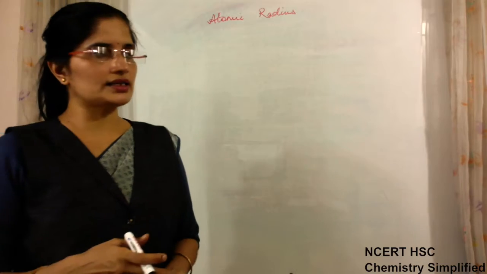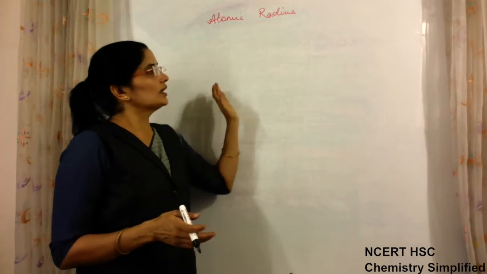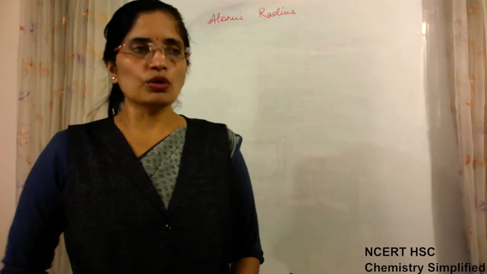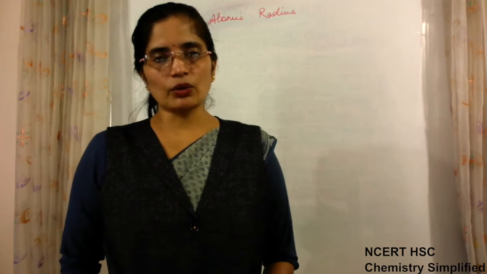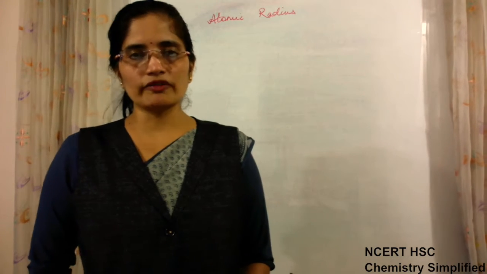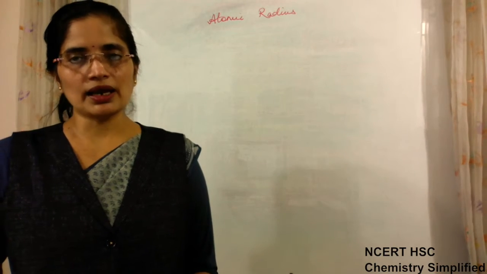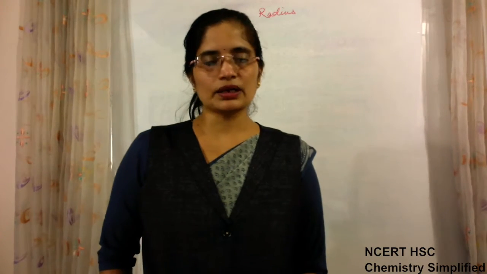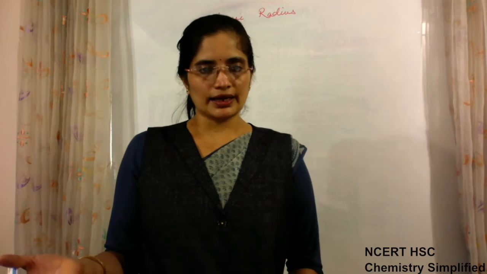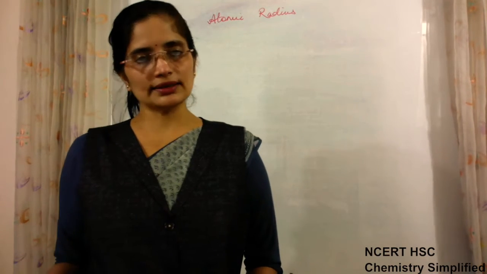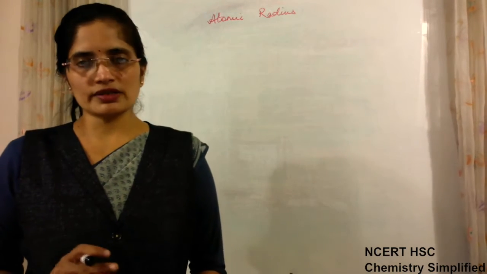Second reason is that most of the time atoms are not found isolated. They are always in the combined state, because atoms are unstable, and to become stable they combine with some other atom of the same element or another element.